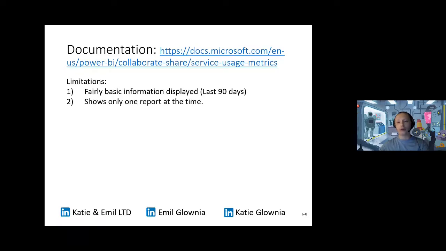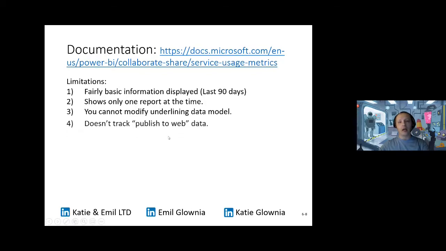In order to overcome that, you need to edit the report, change the report in the filters, or drag it in as a slicer and save as a new report. You cannot modify the underlying data model, and it doesn't track published to web data, which is a shame, as I do use that on my website.